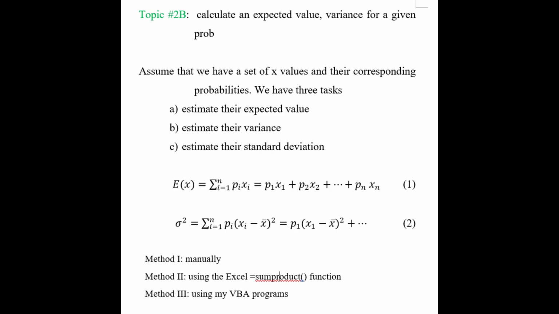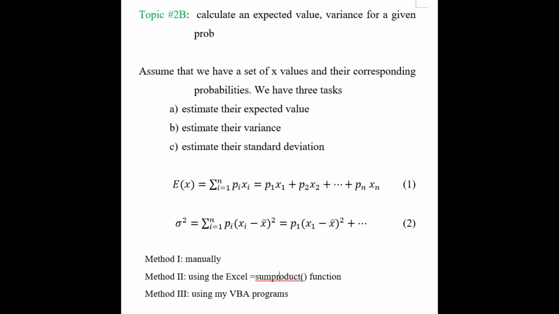We have 3 tasks. A. Estimate their expected value. B. Estimate their variance. C. Estimate their standard deviation. When we calculate expected value, we use equation number 1. Expected value, sometimes we call it mean, equals P1 times x1 plus P2 times x2 plus, until the last probability times its corresponding value.